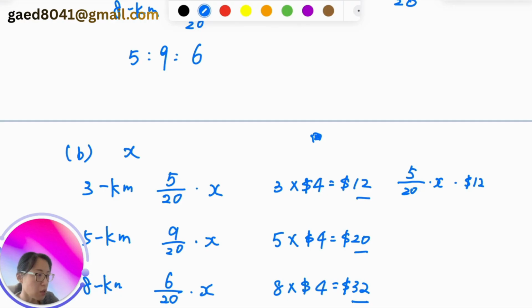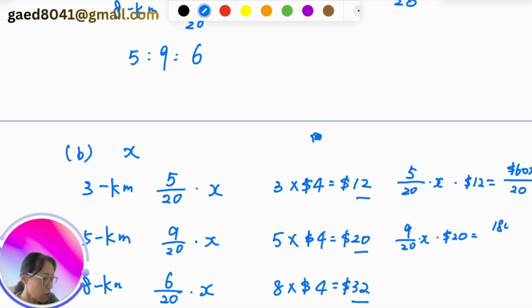So if we multiply them together, it becomes 60x over 20. In the second case it would be 9 over 20x times $20.